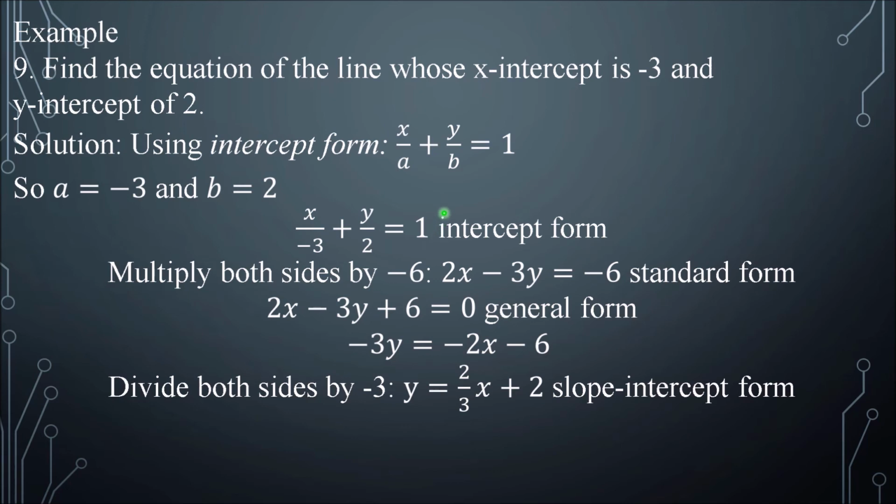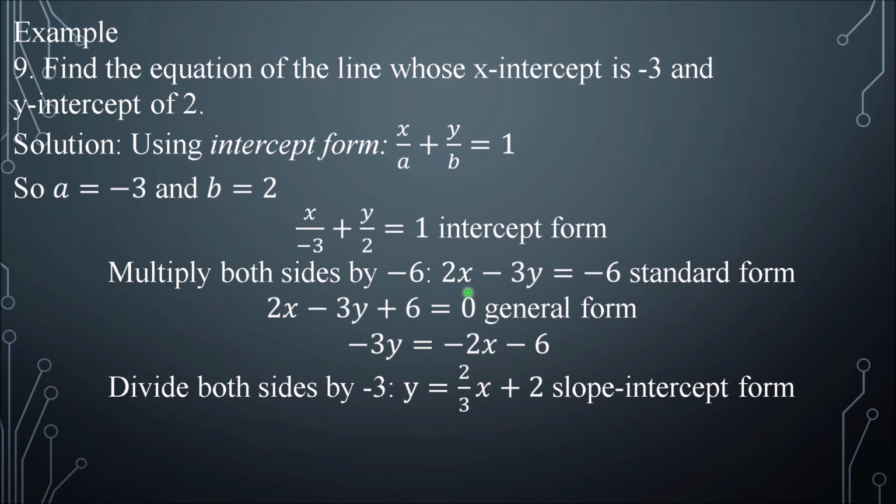Now, in changing this to standard form, we multiply all sides by negative 6, because negative 6 is the least common multiple of negative 3 and 2. So negative 6 times x over negative 3 is 2x.